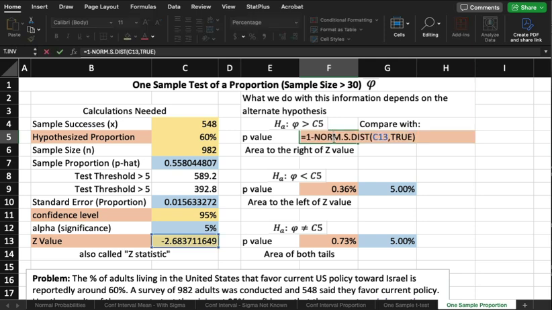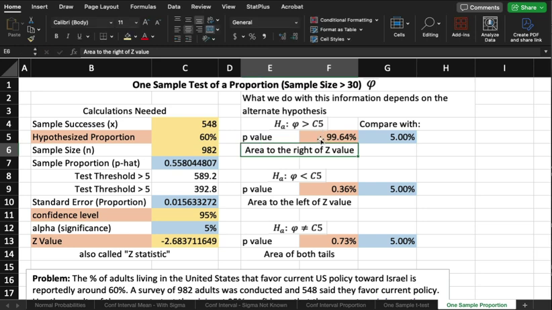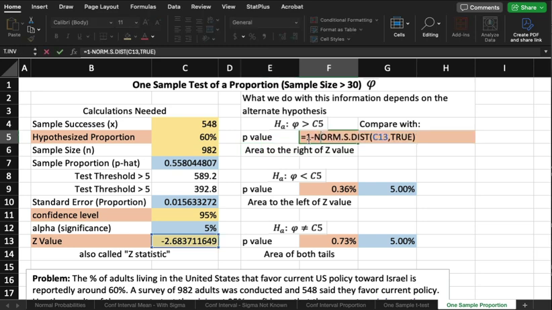So in cell F5, I want you to type equals 1 minus norm.s.dist, parenthesis, C13, comma, true, close parenthesis, and then hit enter. So that's not so bad. But the thing you can't forget is the equals 1 minus norm.s.dist, parenthesis, C13, comma, true. Okay, you can't forget to do that.